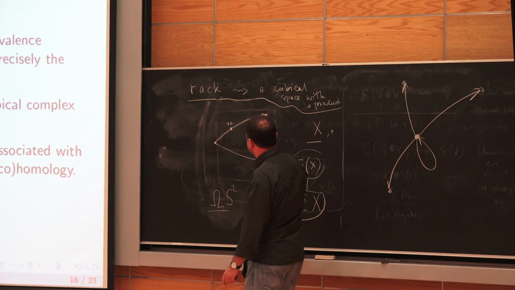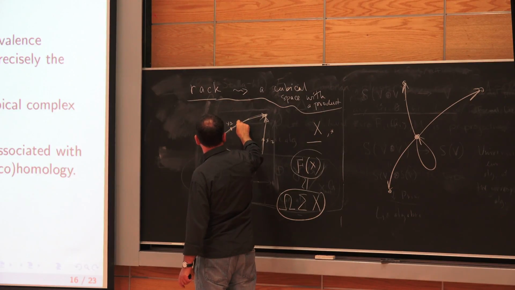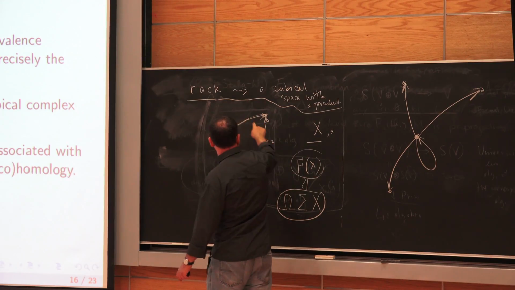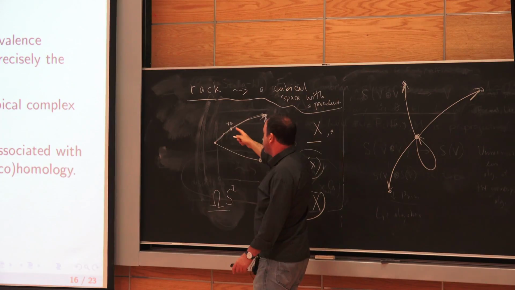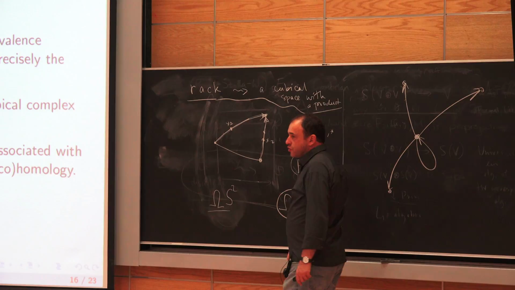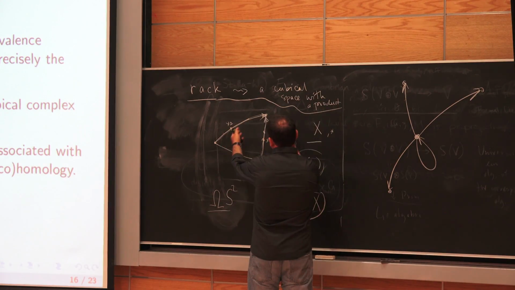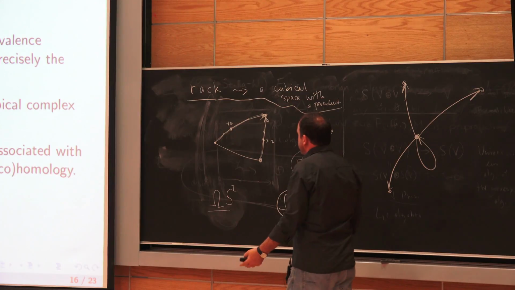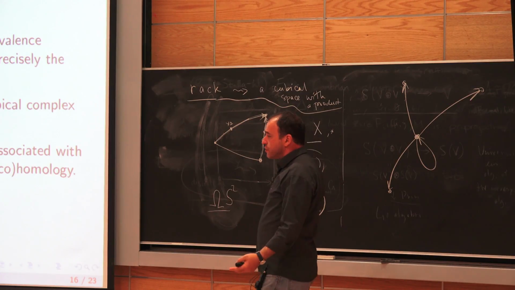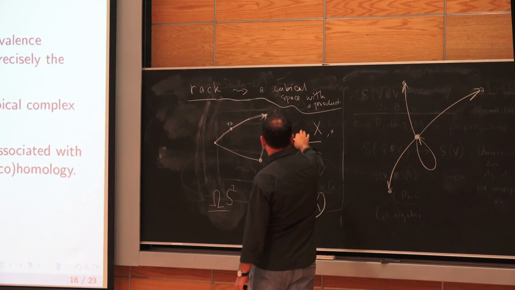In the end, you can think of the points of this cubical space as what? As sequences of elements, sequences of points on this graph. So multiplying a sequence on the left, we multiply all of these points on the left. What we have really is a free action of the group G on this cubical space.